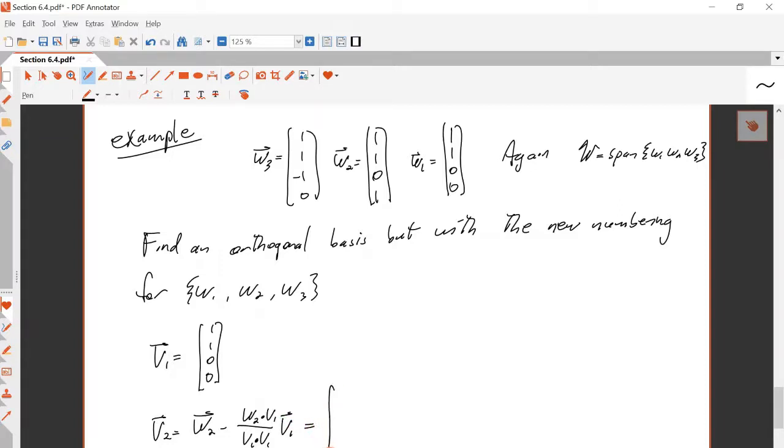So this is equal to W2, 1, 1, 0, 1, minus W2 dot V1, which is 1 plus 1 plus 0 plus 0, so that's 2, over V1 dot V1, which is again 2, times V1. So that's just this minus that. It's 0, 0, 0, 1. A lot easier this time around.